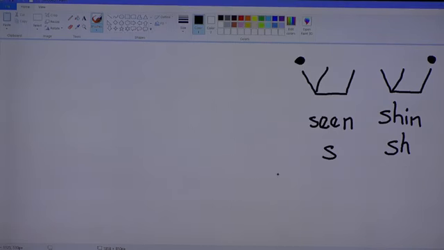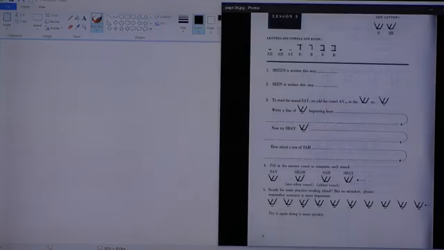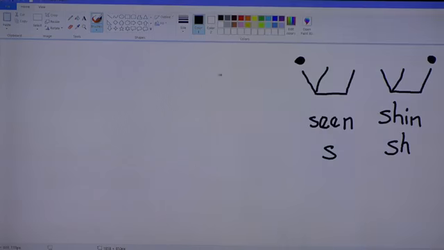Now on the lesson, you get to write down shins and sins, or seens, all over the place here, and you get to add some vowels, and you come up with a sa. That's not a word, it's just a pronunciation, it's just a syllable.